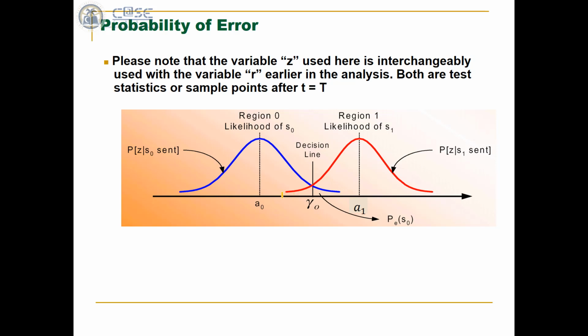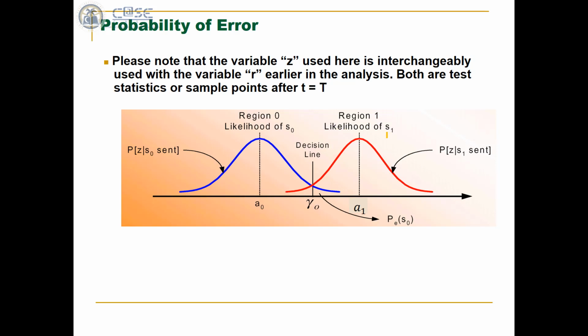So here, if the test statistic falls below the gamma naught threshold value, the receiver is going to take the decision in favor of signal class S0, because the likelihood probability of S0 within this region from minus infinity till gamma naught is greater than the likelihood probability of signal class S1, right?